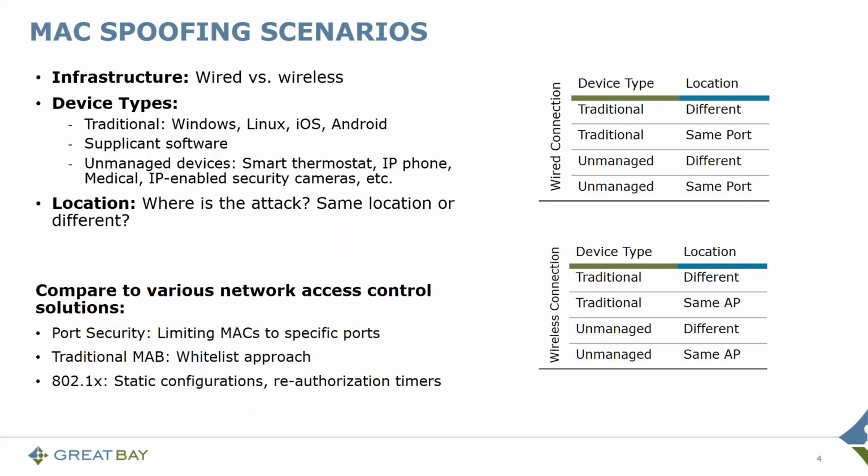Some things just to keep in mind, though, there are several traditional security approaches to prevent a MAC spoof, one of which, the basic one that most people are familiar with, is port security. I like to call this sticky MAC from the old Cisco days, but it's where you associate a specific MAC address to a specific port on a wired switch.